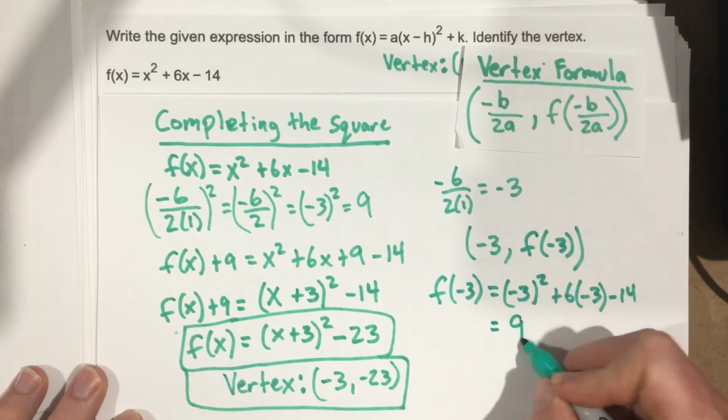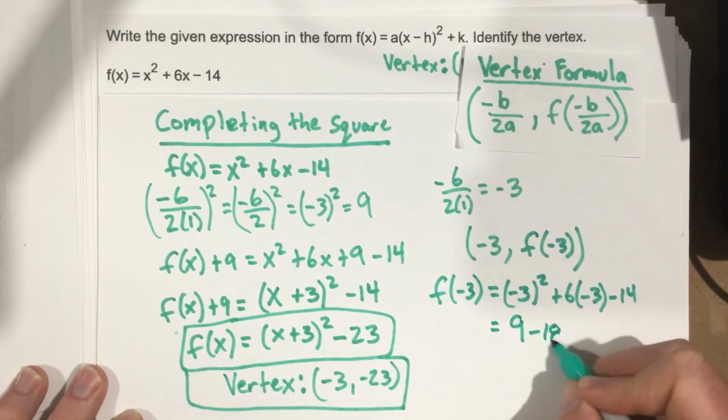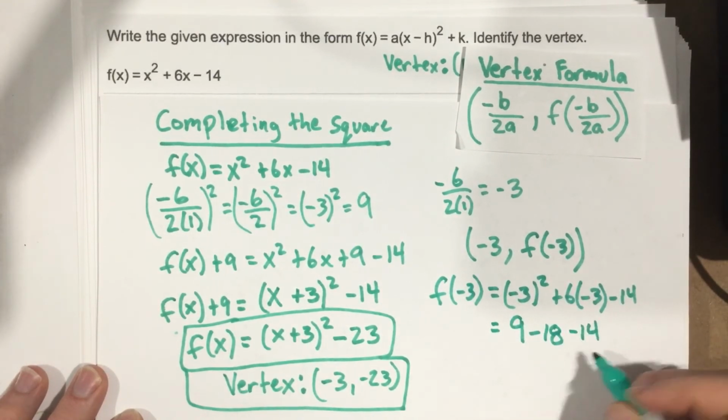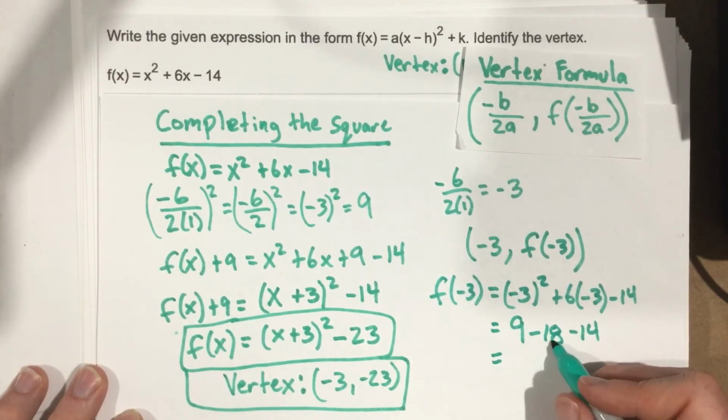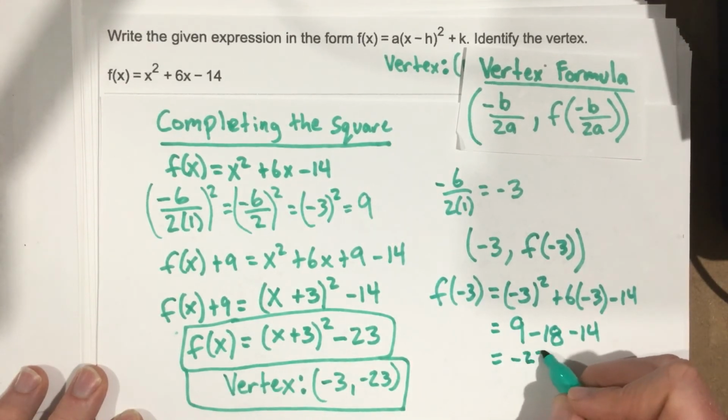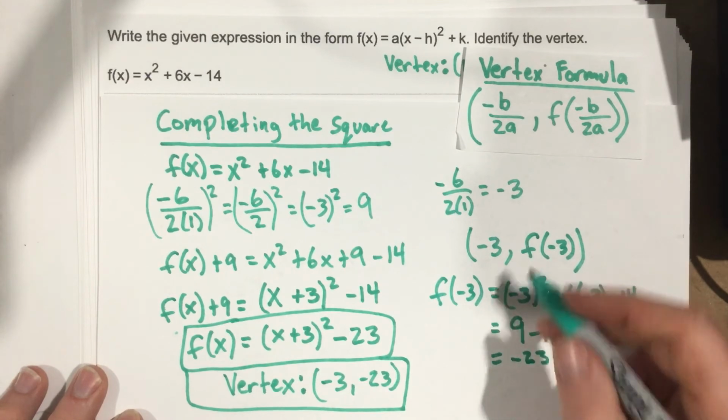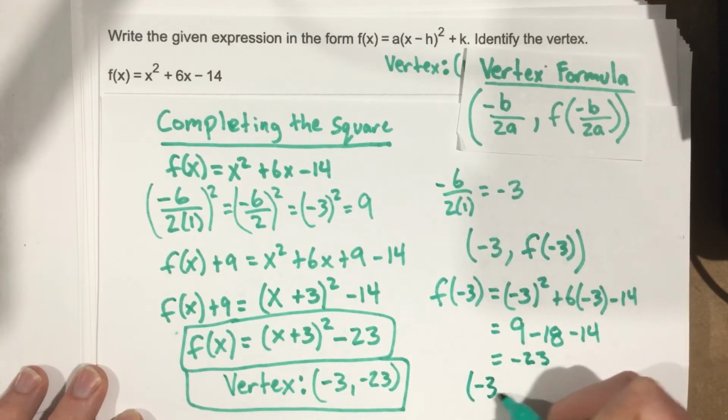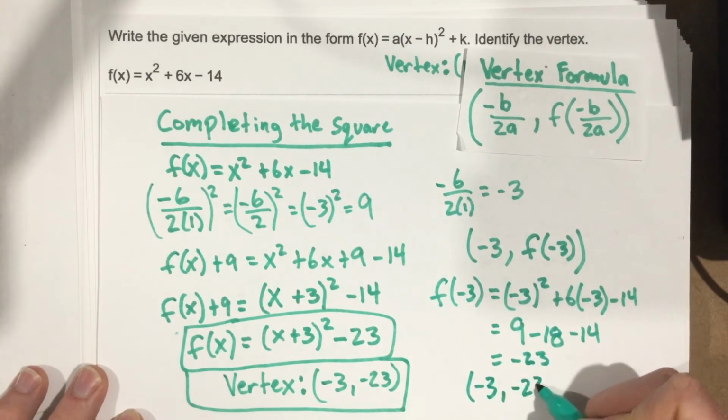This gives you 9 minus 18 minus 14, which gives you negative 23. So we end up with a vertex of (negative 3, negative 23).